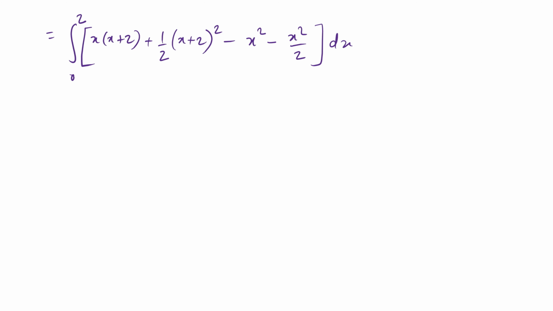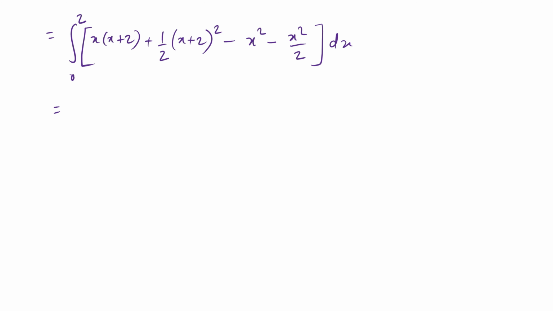Now let's simplify, so I'll just use a new page. So this is 0 to 2, and if we add the upper and lower limit, it will be x times (x plus 2) plus half (x plus 2) square minus x square minus x square by 2, and then dx, right?